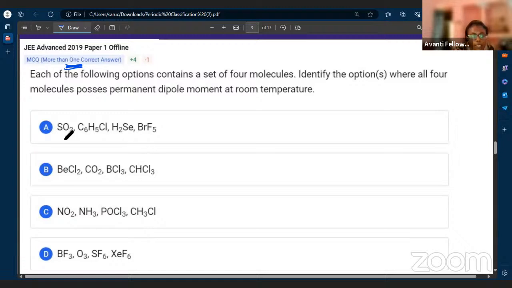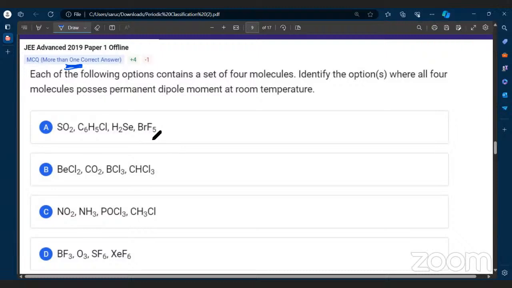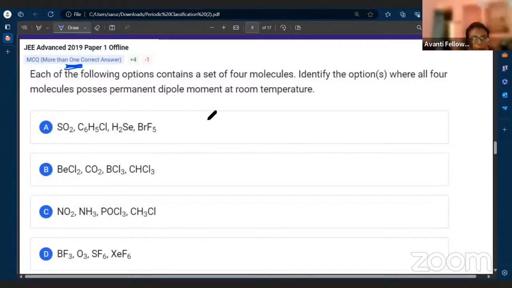Does it contain any symmetry? In the first one, is there any symmetry, like SO2, C6H5SO2Cl, H2C, BrF5? SO2 has a lone pair.